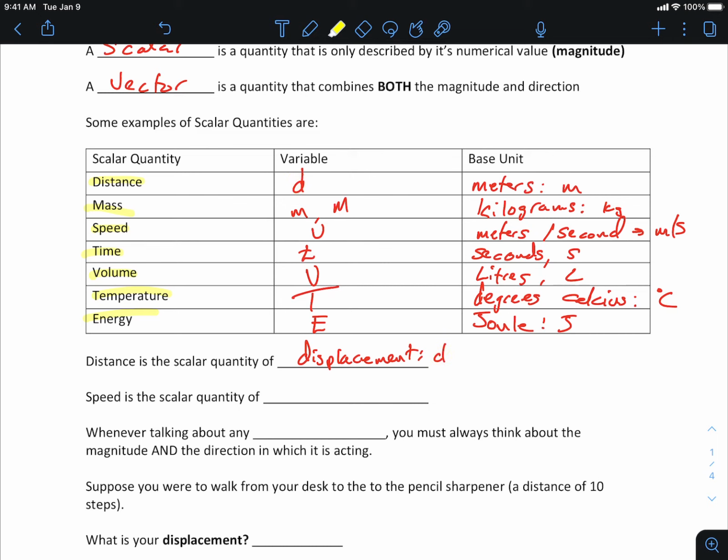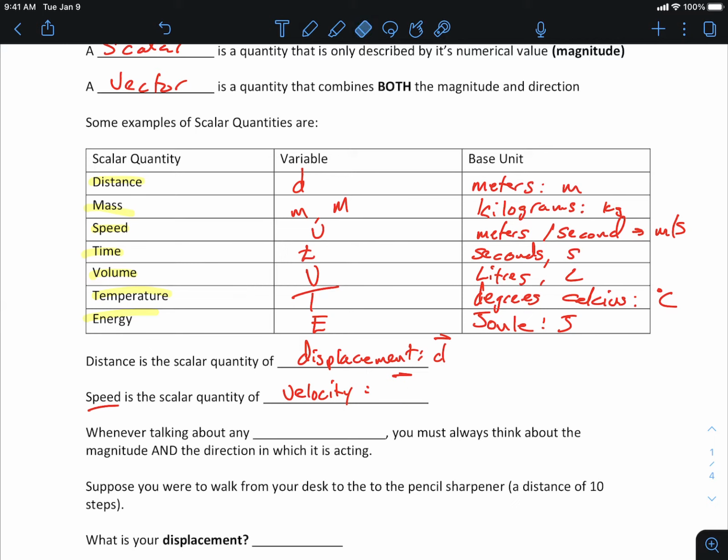There has to be a difference because we're talking about two different things. The way we denote vectors, so magnitude and direction, is by putting an arrow over top. This is why we choose the variable v for speed. It's because speed is the scalar quantity of velocity. So v with an arrow over top.